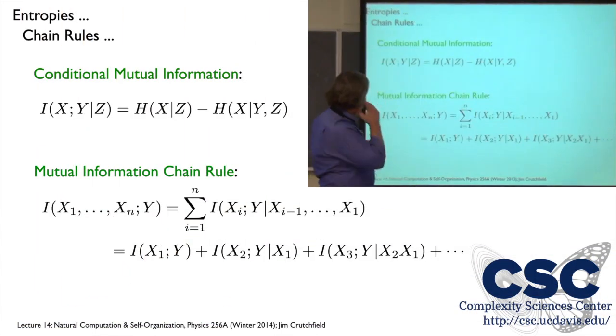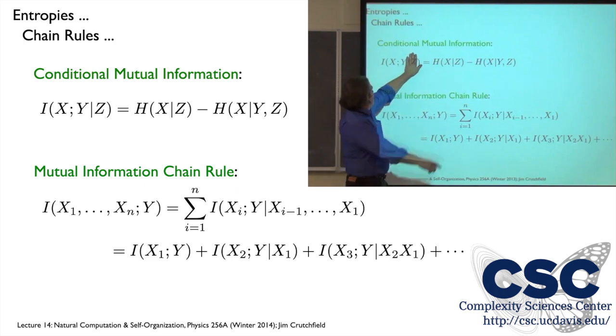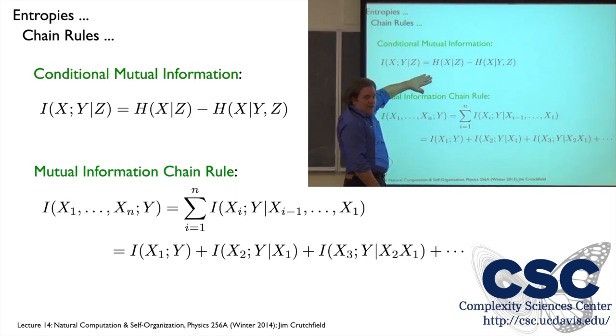There are also conditional mutual informations, and this is going to be important for how we think about the kind of causal structure or codependence between random variables. You can ask, okay, what's the shared information between X and Y, given that I know some other information Z? Sometimes things look like they're correlated, but that can appear to be not the case if you knew something else.